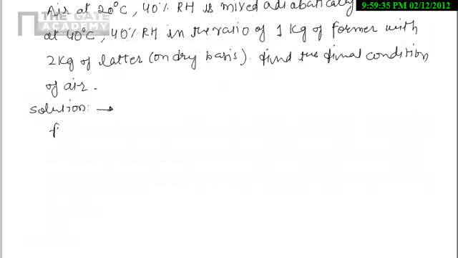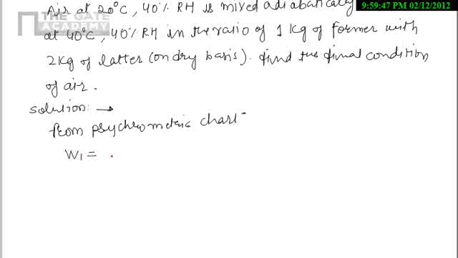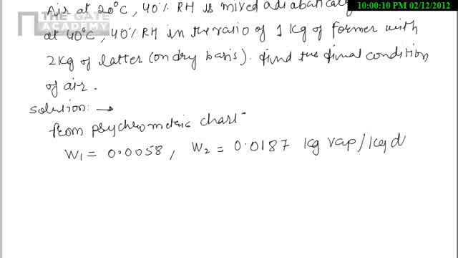From psychrometric chart, I am having W1 corresponding to the first stream, which is at 20 degrees centigrade and 40% relative humidity, 0.0058, and for the second stream I am having 0.0187 kilogram vapor per kg of dry air.